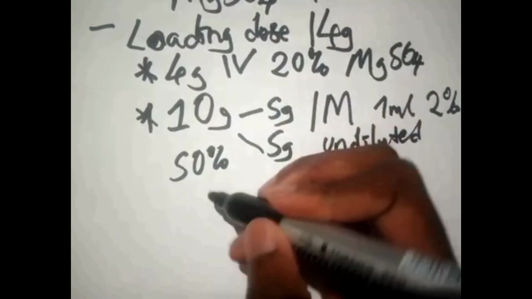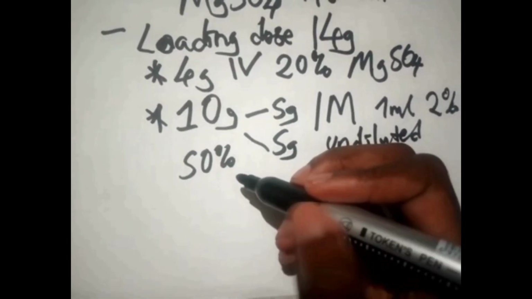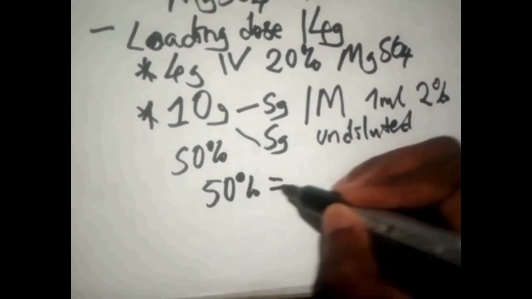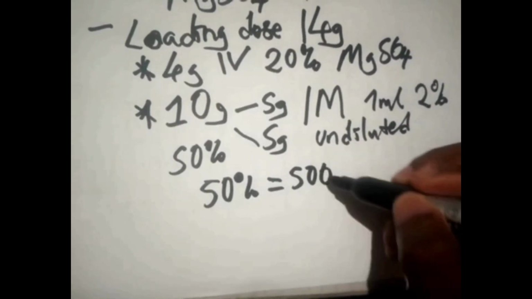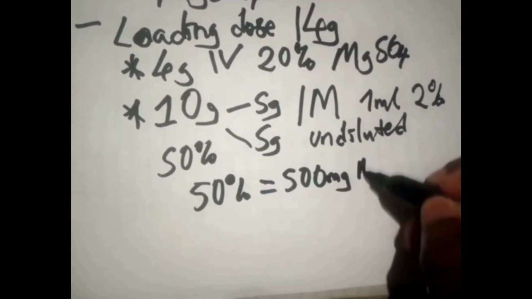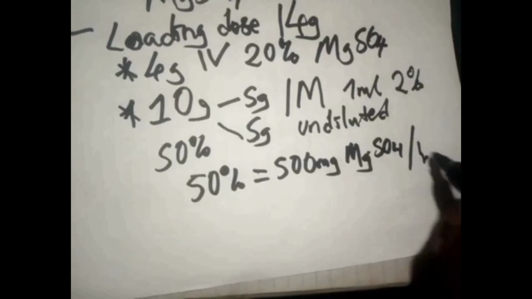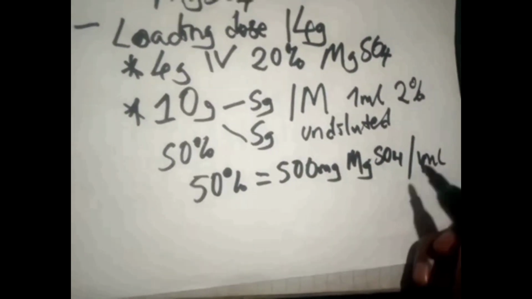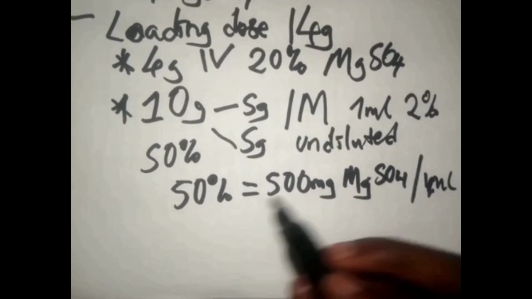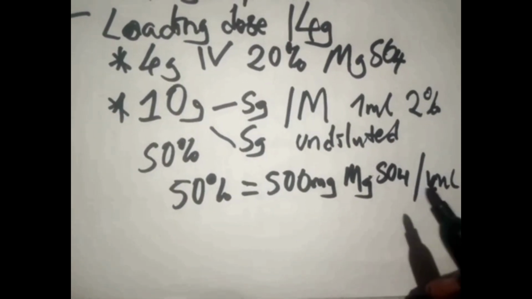What it means when we say 50% magnesium sulfate in an ampule is that 50% magnesium sulfate is equal to 500 milligrams of mag sulfate itself per mil. So 50% mag sulfate contains 500 milligrams of mag sulfate per mil.